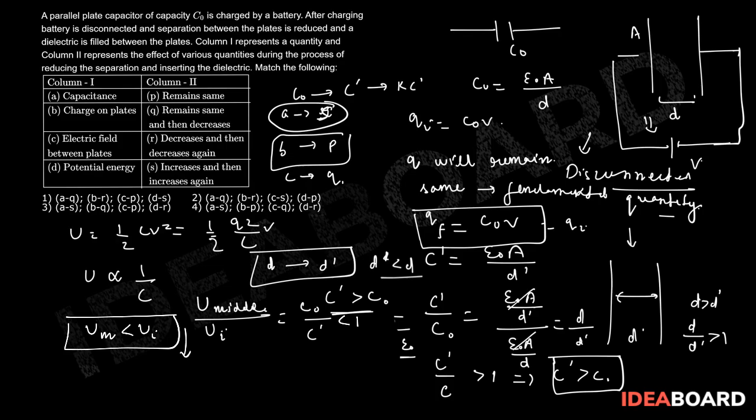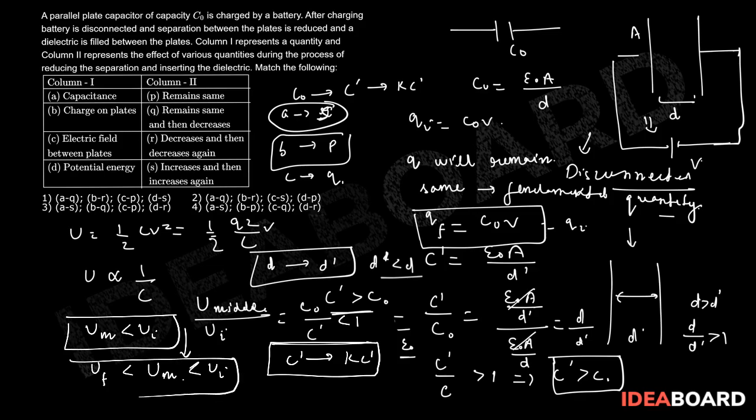Now again, this C dash is becoming K C dash when we are introducing a dielectric slab. So again U final will be less than U middle also, which is of course less than U initial. So first of all potential energy decreases and then it further decreases.